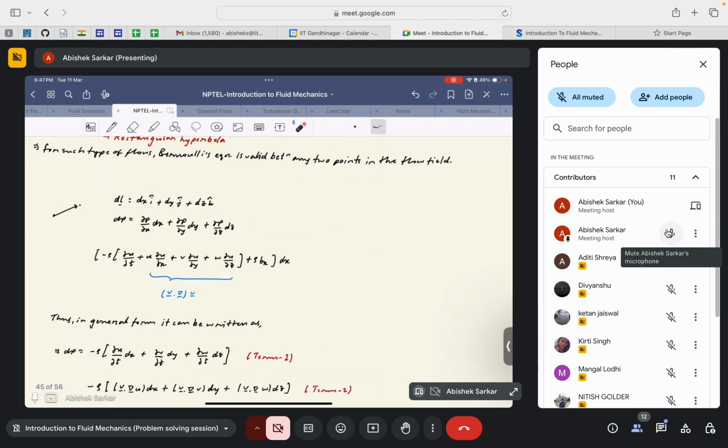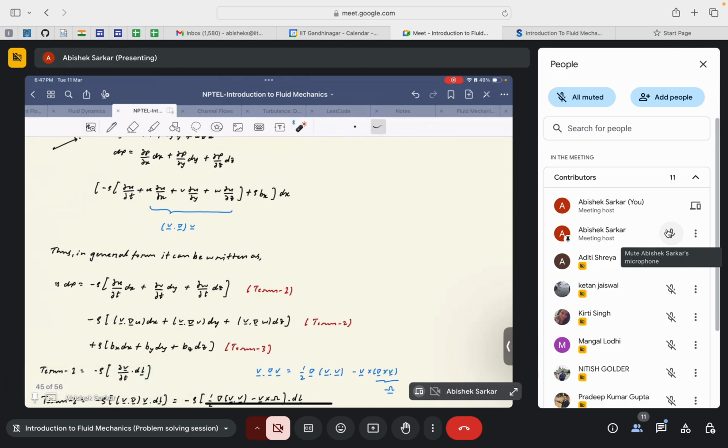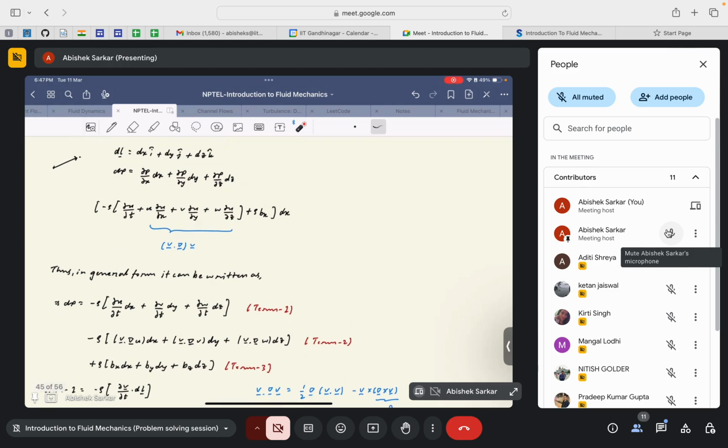If we consider all the terms together, all the coordinates together, then in general we can write dp as equal to minus rho times (∂u/∂t dx plus ∂v/∂t dy plus ∂w/∂t dz).